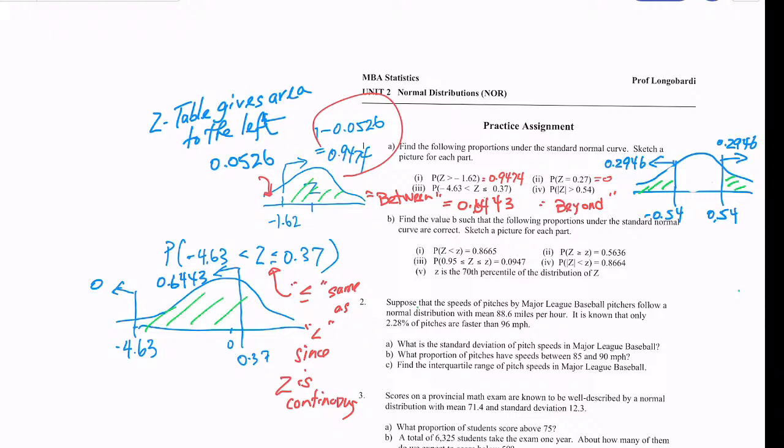So the chance of being further away, higher or lower, by half a standard deviation, 0.54 standard deviations, is going to be about 60%. 0.5892 is the answer. Okay, questions?